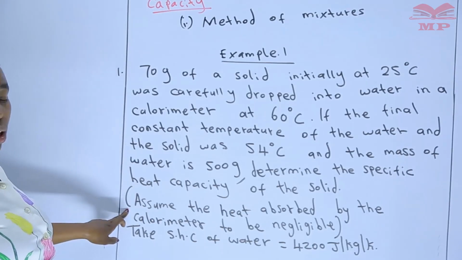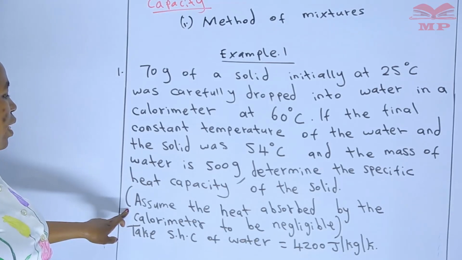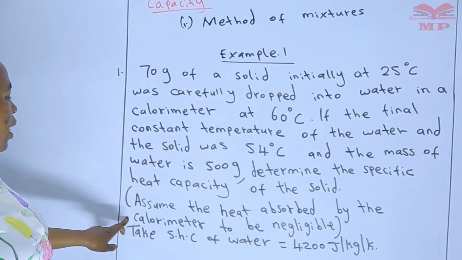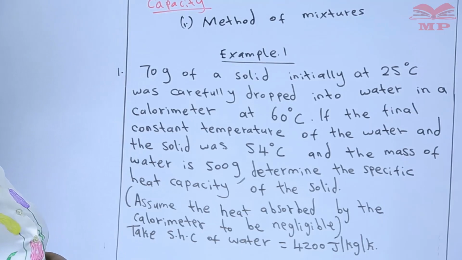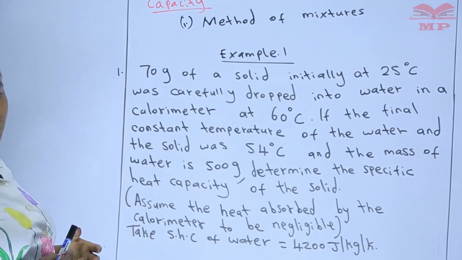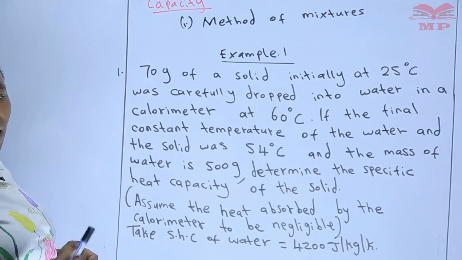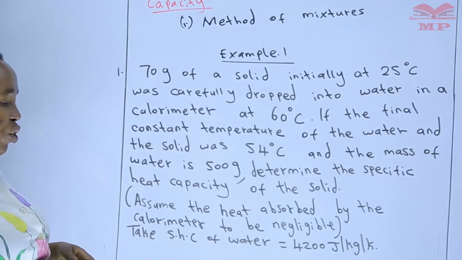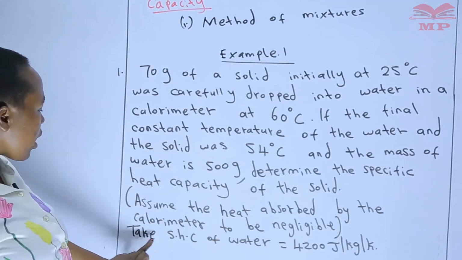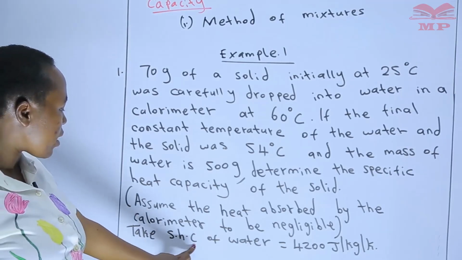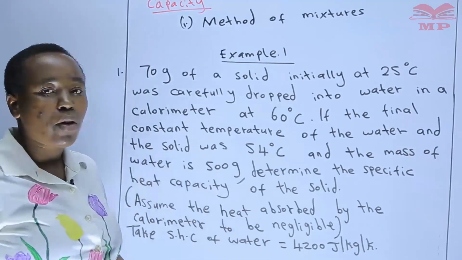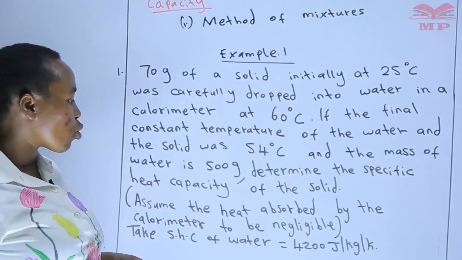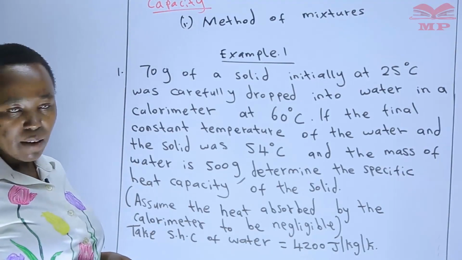In this question, we are told to assume that the heat absorbed by the calorimeter is negligible. So we are not going to consider the heat gained by the calorimeter because we are told to assume that it is negligible. Then we are told take specific heat capacity of water to be 4,200 joules per kilogram per Kelvin.